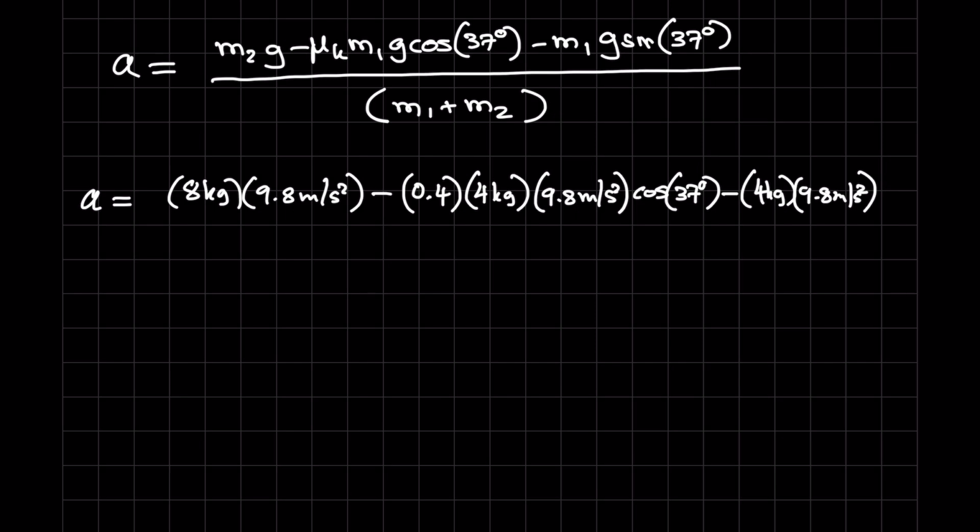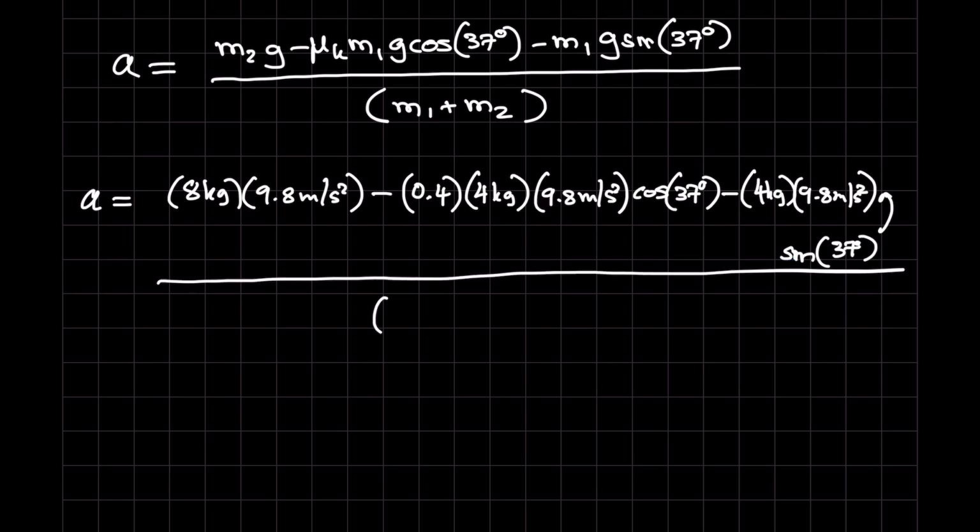I'm running out of space, so what you should multiply here is sine of 37 degrees, okay? And divide the whole thing by m1 plus m2, which is 4 kilograms plus 8 kilograms. Okay, so if you put that in, you'll get that A is equal to 3.5 meters per second squared.